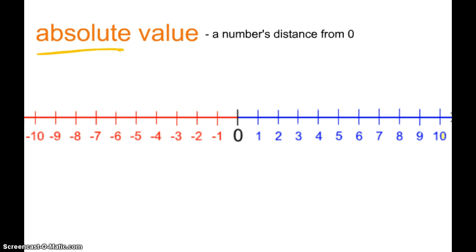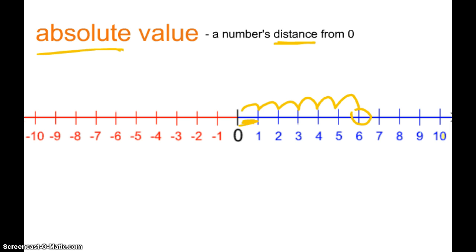Absolute value. Absolute value is a number's distance from zero. So, for example, the integer 6 is 1, 2, 3, 4, 5, 6 spaces from zero.